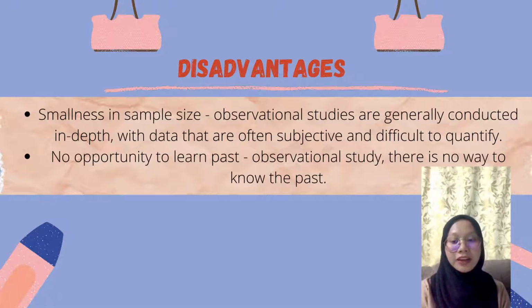And last, no opportunity to learn past. In an observational study, there is no way to know the past. It is also difficult to gather information on such topics such as intentions, options, attitude, or preference.